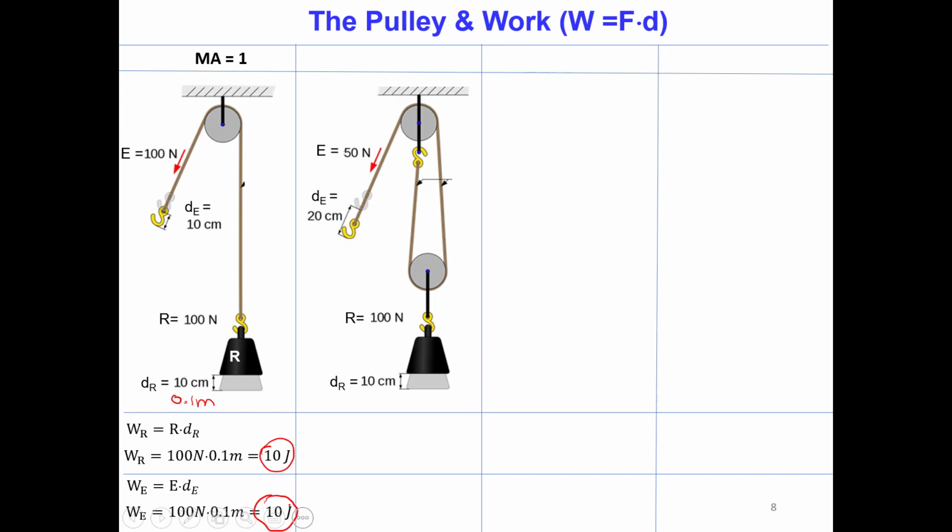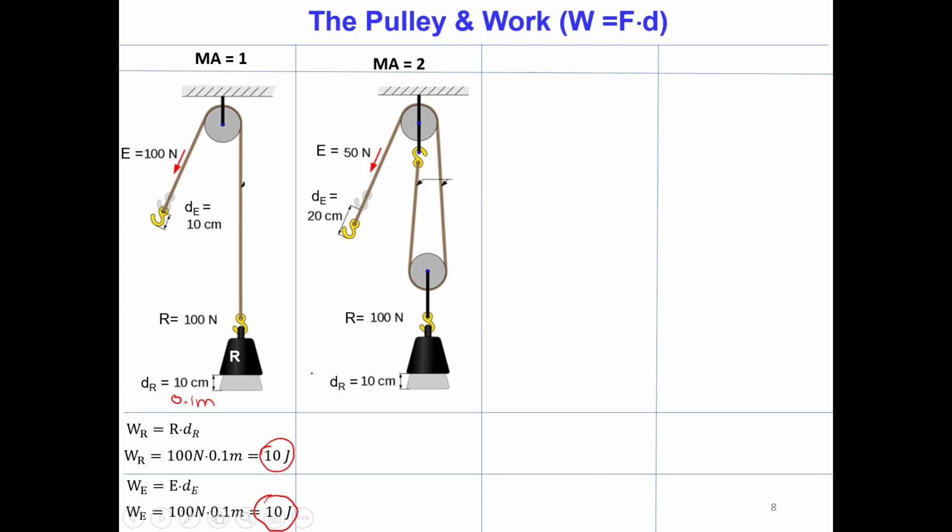In this case, we have two ropes that directly support the resistance, so the mechanical advantage, we know, is 2. If the mechanical advantage is 2, then we know the effort is reduced by 2. This is why here we have 50 newtons. And what happens with the distance we need to move?